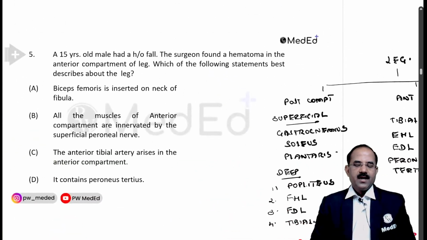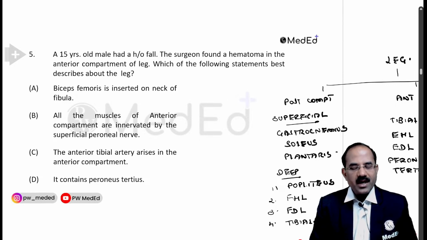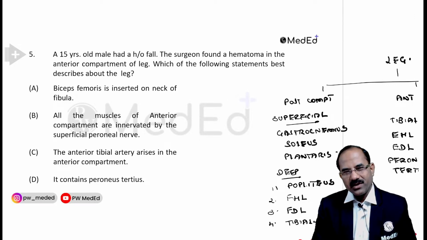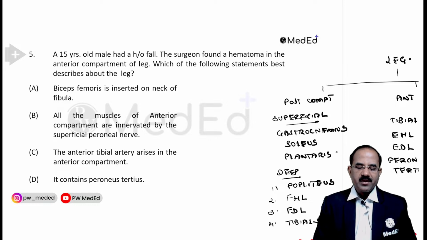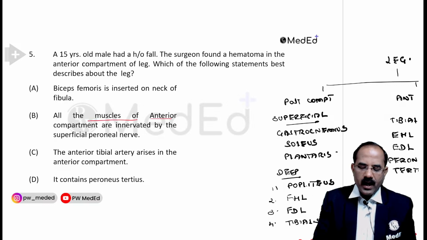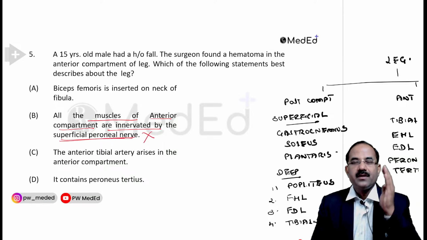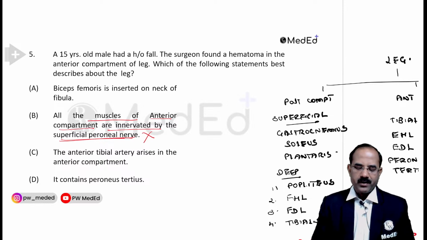Shall I answer this? A 15-year-old male had a history of fall. The surgeon found a hematoma in the anterior compartment of the leg. Which of the following statements best describes the leg? See option B: all the muscles of the anterior compartment are innervated by the superficial peroneal nerve. This is wrong. It is innervated by the deep peroneal nerve.